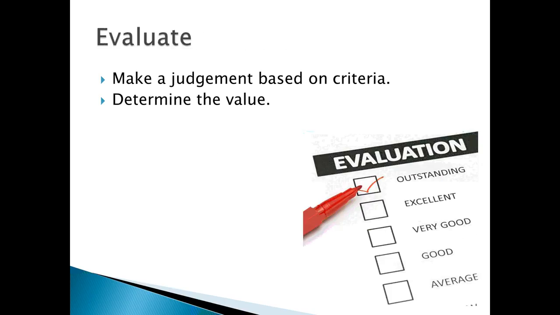An evaluate question, I want you to think back to our critical evaluation. It's very, very similar. You must make a judgment based on criteria. You need to determine the value of something. So either how important it is, how correct it is, or how right it is. Now sometimes the criteria will be provided by the question. Sometimes you will need to define the criteria for yourself within your essay.